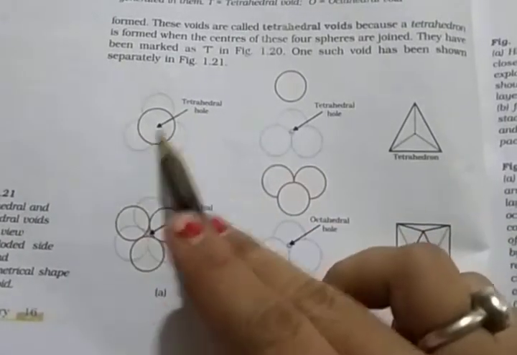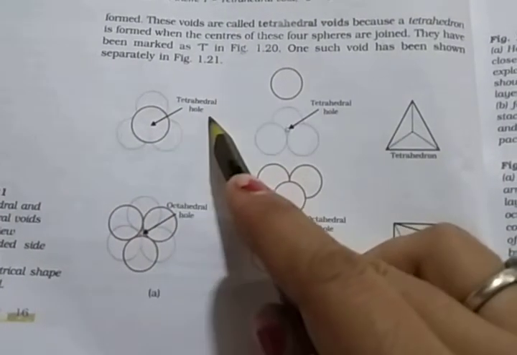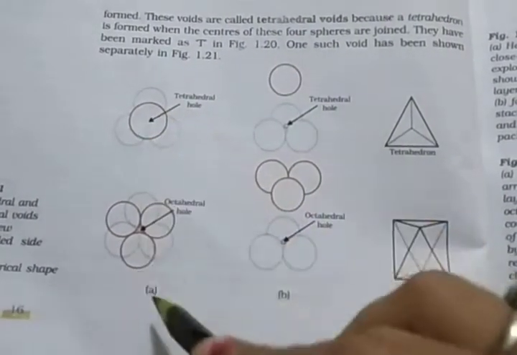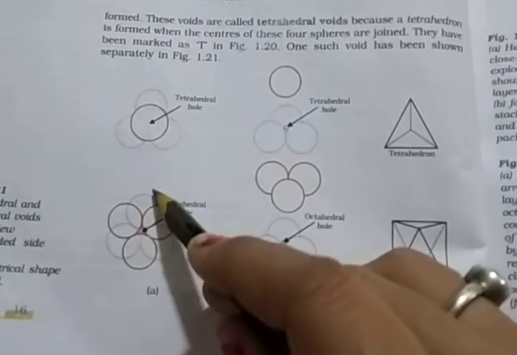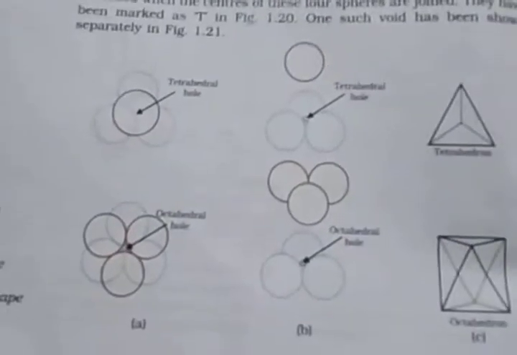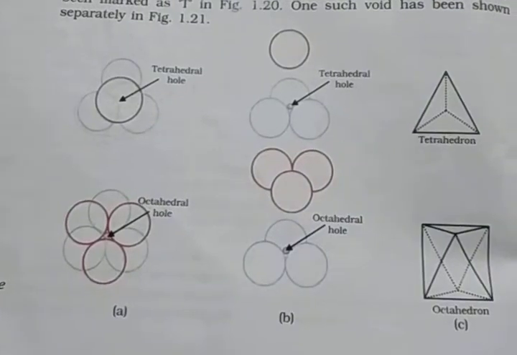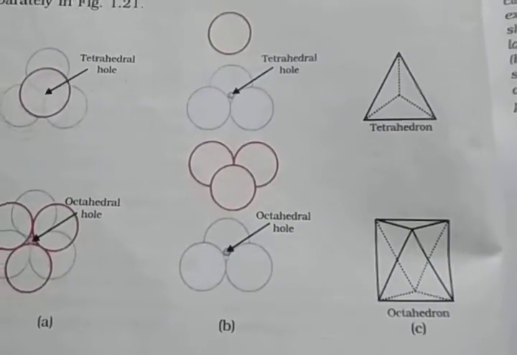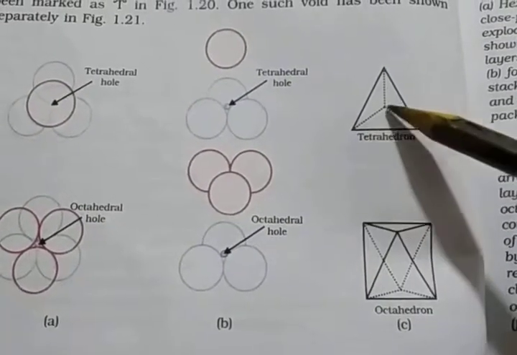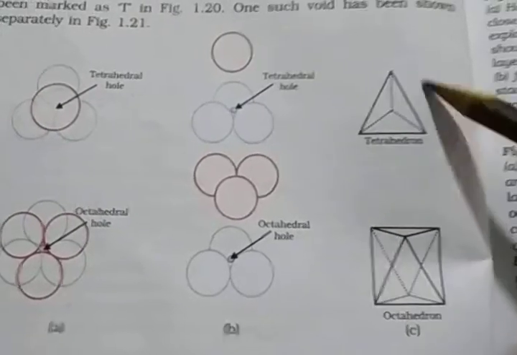Okay, so 1 covered by 3, so this hole is a tetrahedral hole, and this hole is covered by upper 3 and then down 3, so octahedral hole. Clear? So tetrahedron means this point, this triangular form.